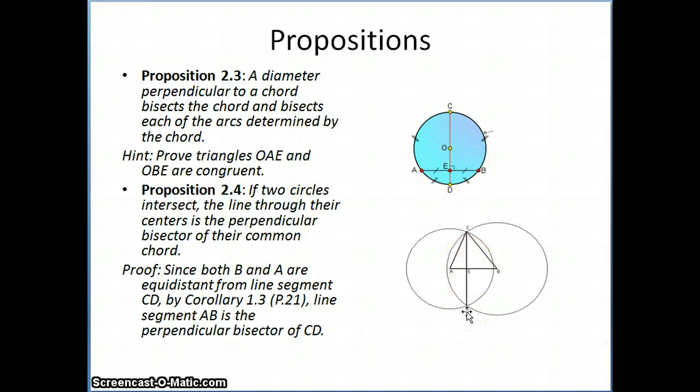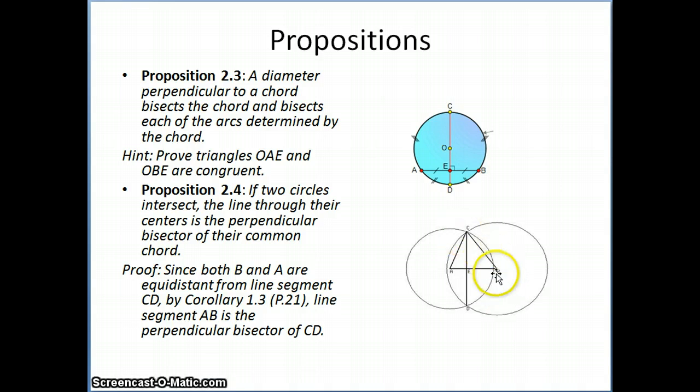This can be proved very easily if we use the corollary we had in chapter one, section 1.3, the corollary 1.3, the section 1.1 on page 21. If we look at point B, this is the center of the big circle.